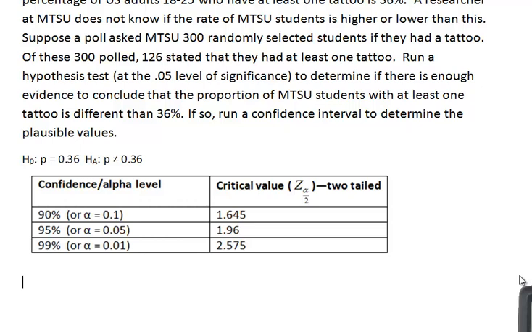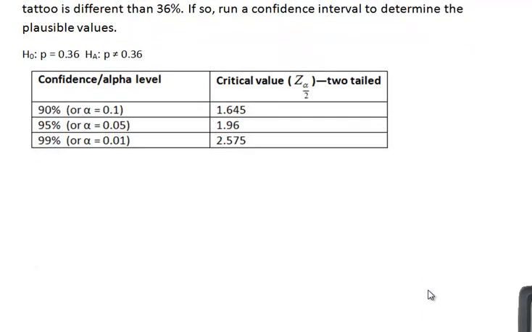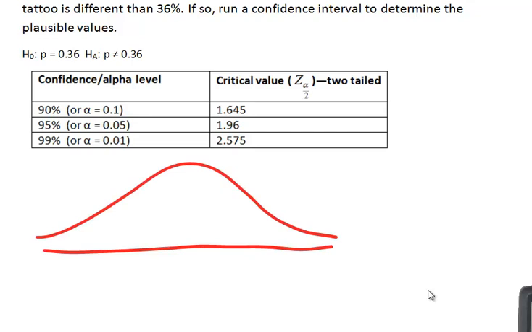For the sake of space, I'm going to move some of these things out of the way. We've looked at this before, possibly with confidence intervals. If we're looking for a confidence interval of 90%, it corresponds with the critical value of 1.645. Let's remember what these critical values mean.